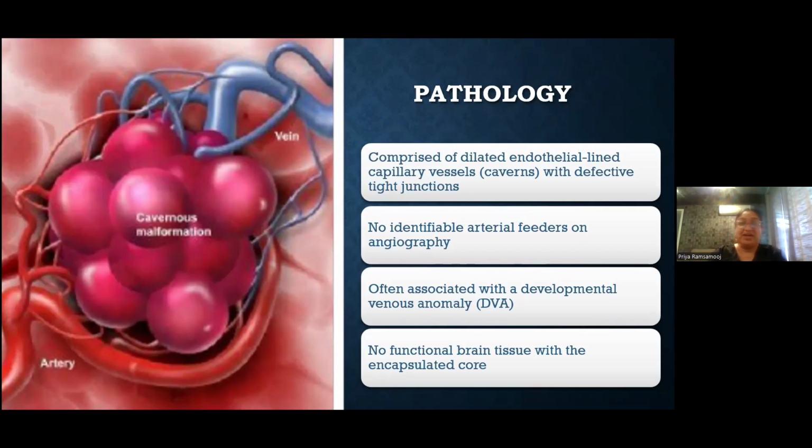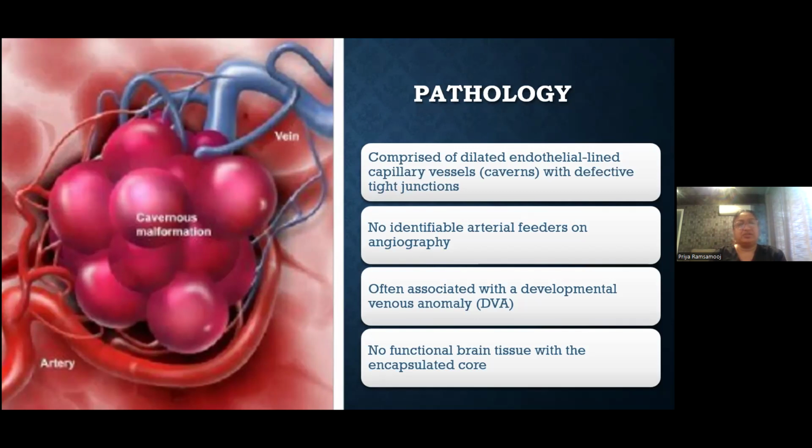Some people have facetiously dubbed it the hemorrhoid of the brain. But what we need to recognize is that there are no identifiable arterial feeders, so it's a very low volume pathology, right? And there's no functional brain tissue within the core.